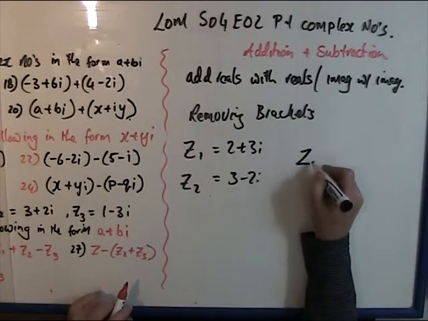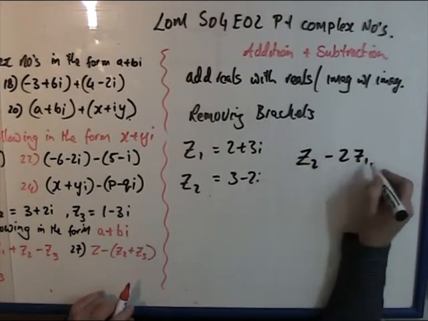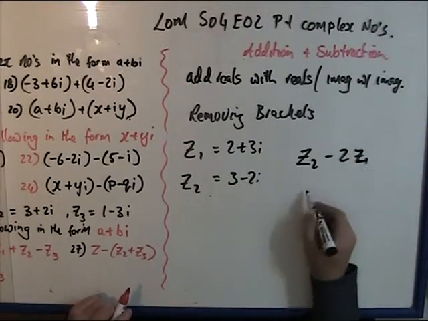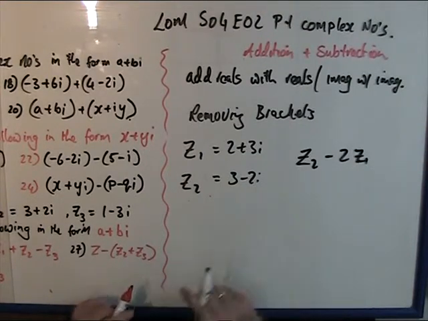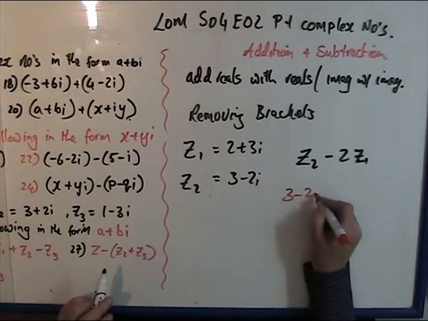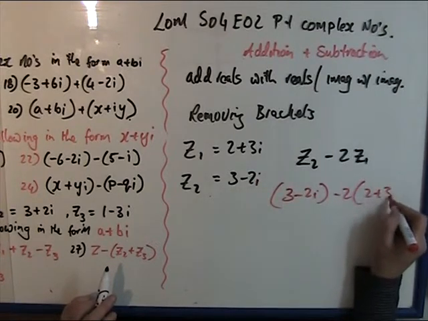So we're doing another one, z2 minus 2 times z1. That's just to make sure you don't get confused. So you have z2, which is 3 minus 2i, minus twice z1, which is 2 plus 3i.